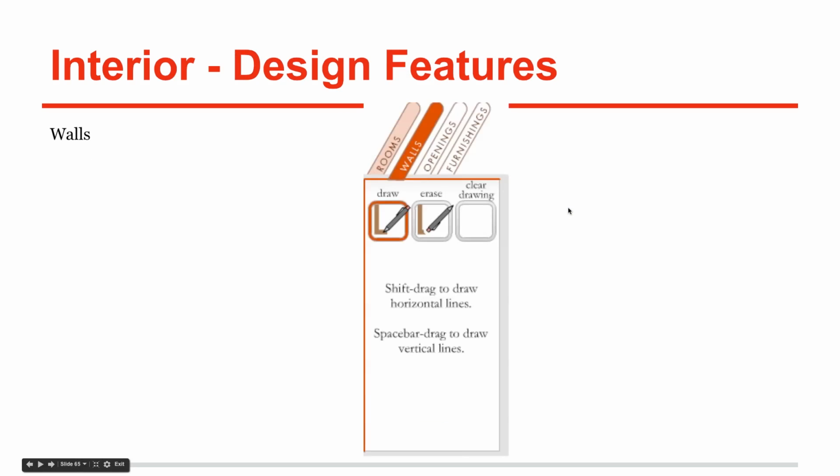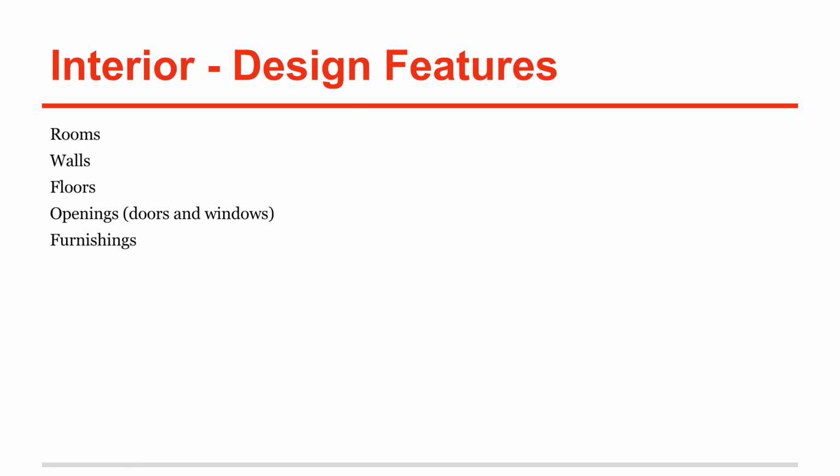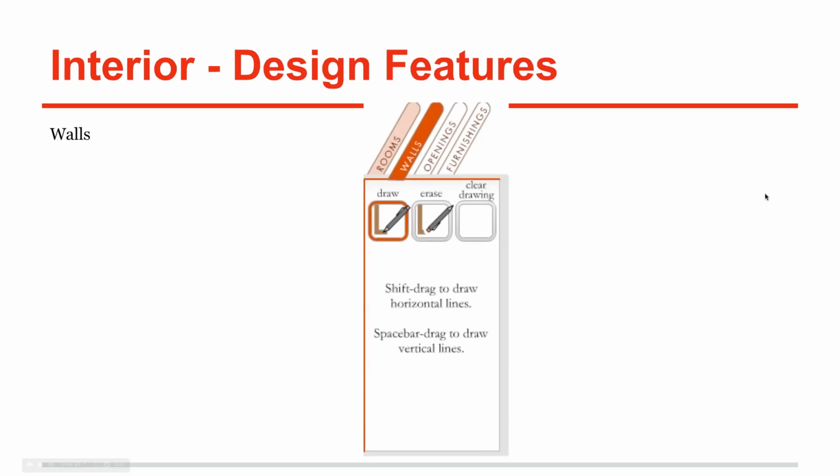All right. Now with the interior, we have our rooms, our walls, our floors, our openings, and our furnishings. The 2D version has 4 out of the 5 of these. When you're doing your walls, you will literally be drawing a line.